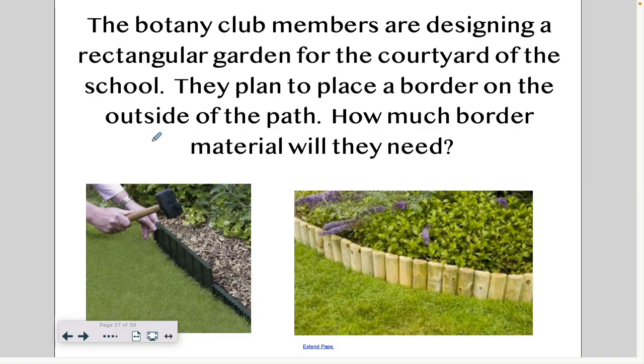It has to be inside. No, it's the outside. It literally says outside of the path.